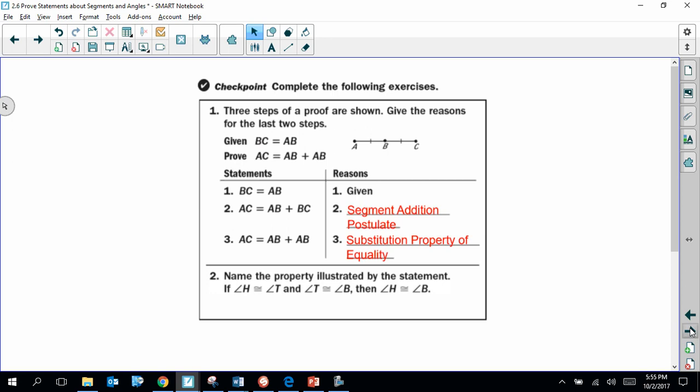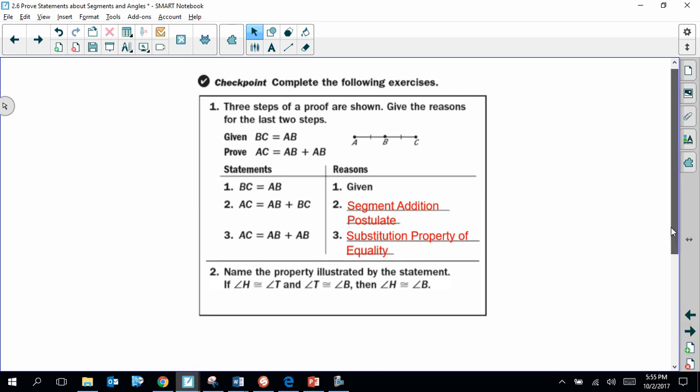If AC is equal to AB plus BC, and it was given that BC was equal to AB, then I can substitute AB for BC in step 3 and show that AC is equal to AB plus AB, which is what we were asked to prove. So all we did was substitute on that last step, and we're done with our proof.